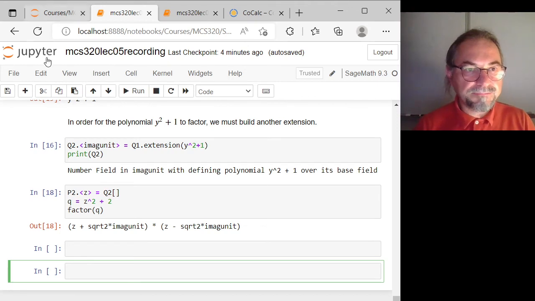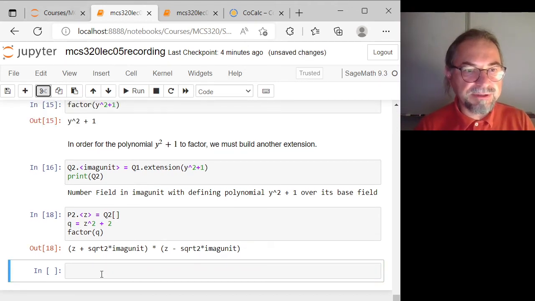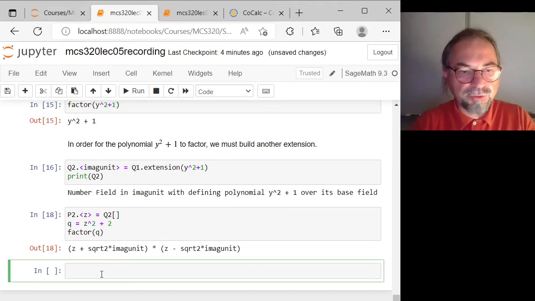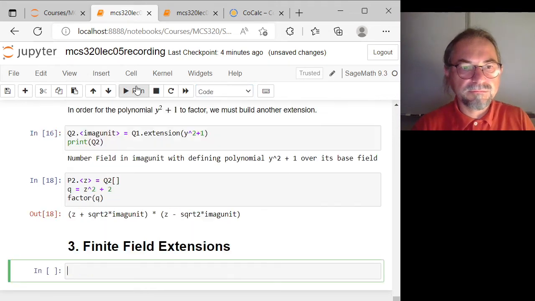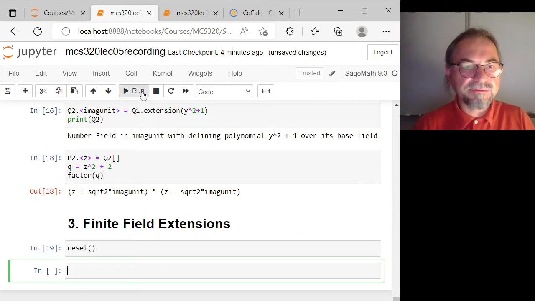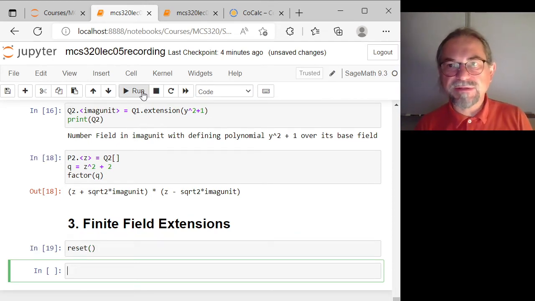Okay, very good. So let me now come to the third and last section of this lecture, finite field extensions. I will reset everything again, so then I can use the variables x, y, z again.